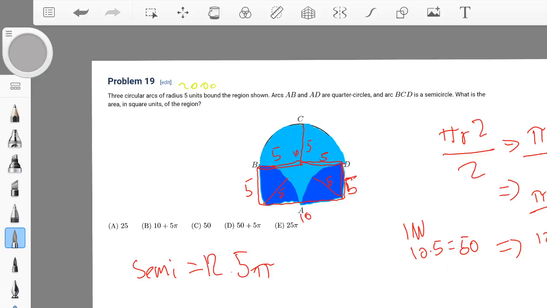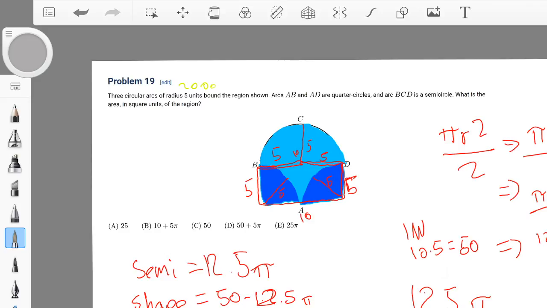So we don't have to do the math and can save ourselves some time. The area of these 2 together is 12.5 pi. And the area we were trying to find is just 50 minus 12.5 pi. So we write shape, because I don't know what it is, equals 50 minus 12.5 pi.